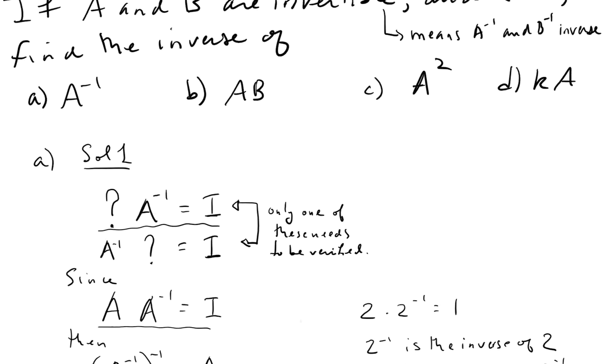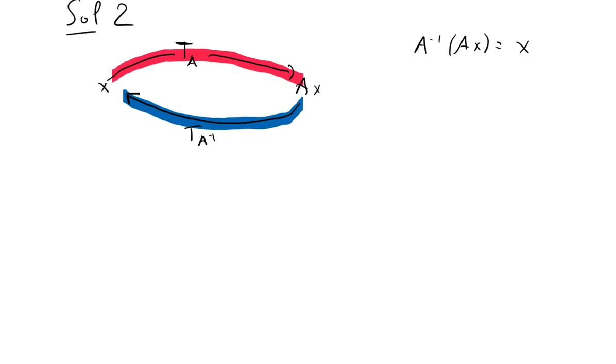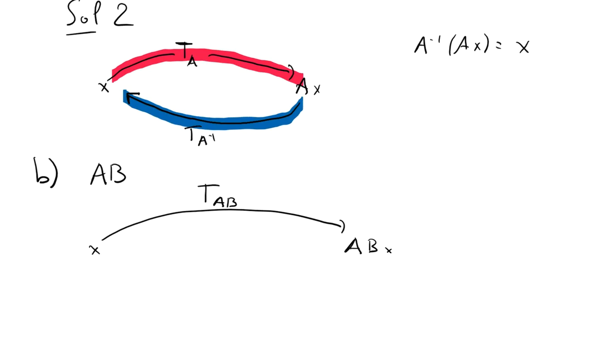I want to find the inverse of AB. So let's look at what the linear transformation with standard matrix AB is. I can write it here, T AB. It takes X and the output is ABX.